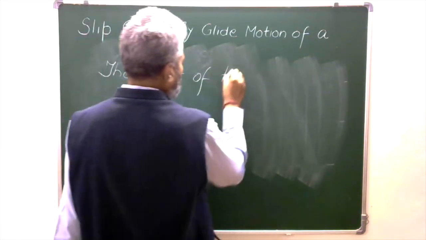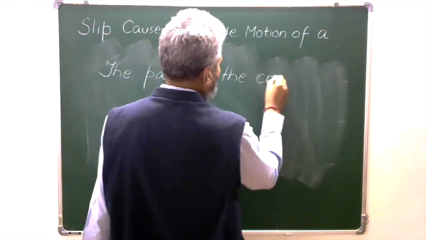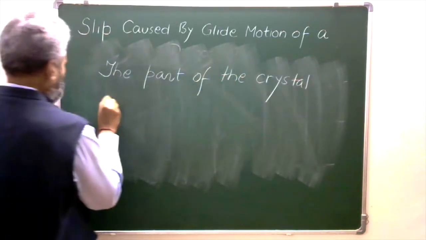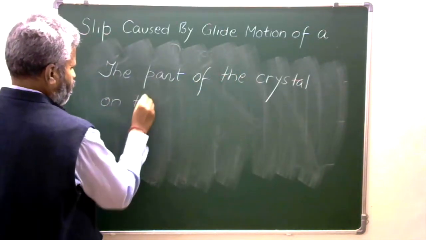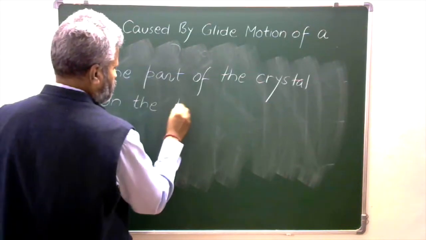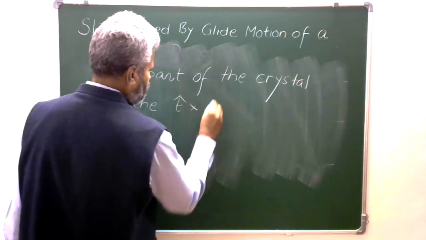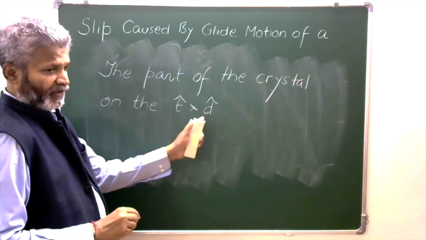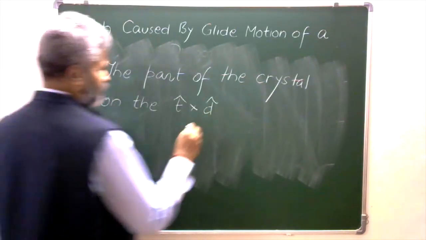Part of the crystal on the t cross d, where t is the tangent vector and d is the unit vector in the direction of motion of the dislocation.